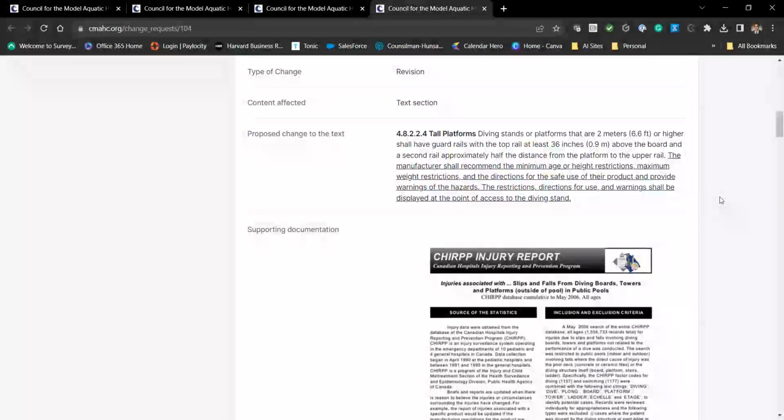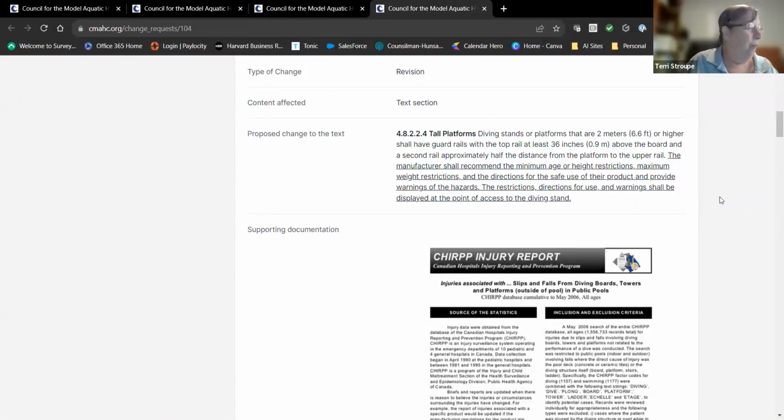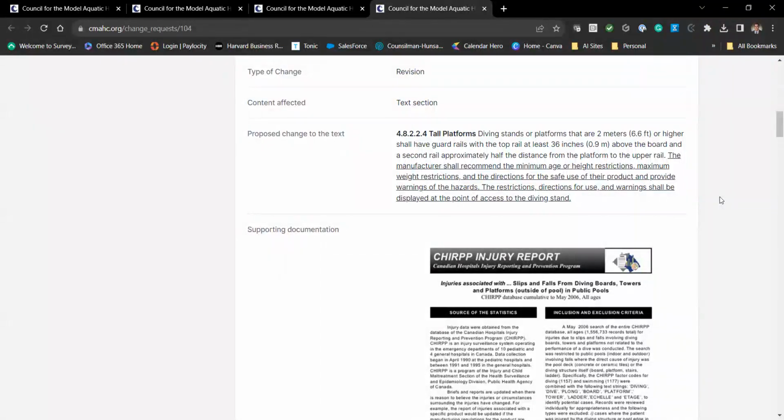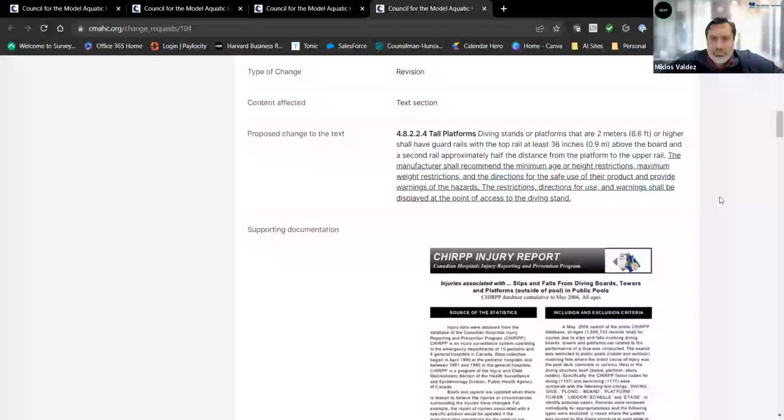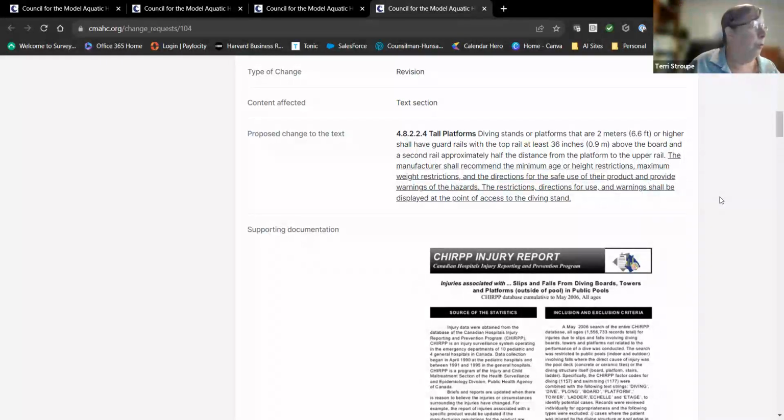I just know the CDC can't recommend anything to manufacturers. Yeah. They already have governing bodies that dictate what needs to be on their product labels. Okay. So that's the language for this change request.